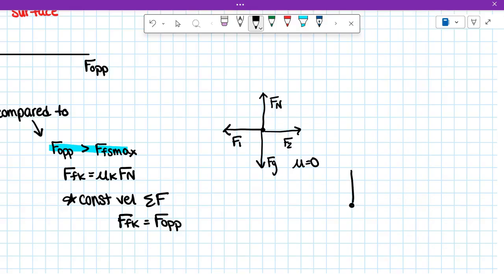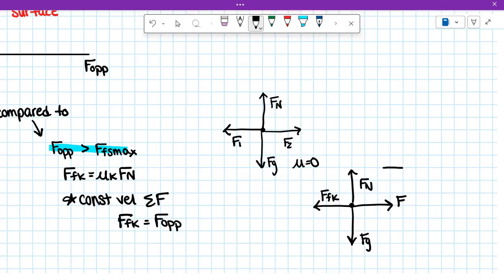With one exception, we talked about this in class. If the free body diagram has a force of kinetic friction, or even a force of static friction, we can tell the direction of motion, because the force of kinetic friction is always opposite the direction of motion.